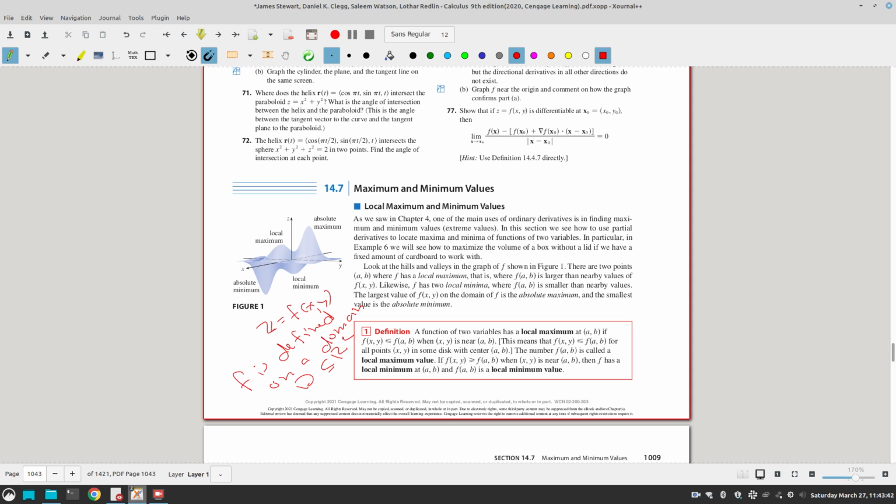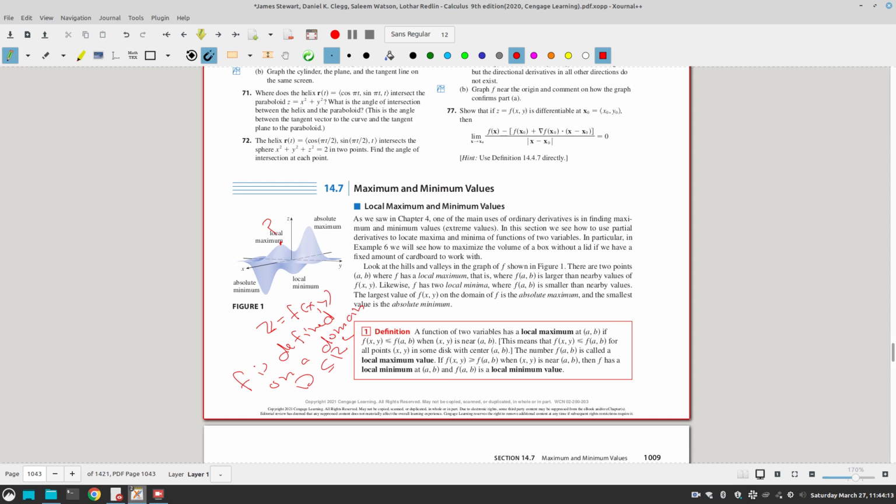Now, this point here, let's call this point P. Point P is a local maximum. Why is point P a local maximum? Well, because f takes its highest value at point P in a subset of the domain, right?